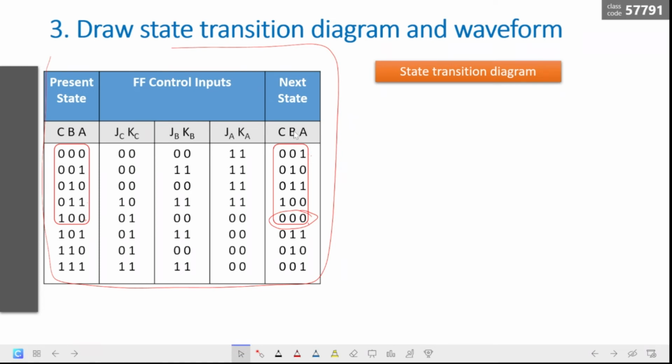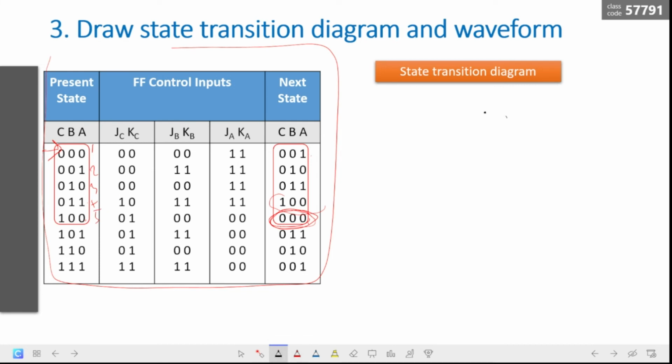So when the counter goes back to the first condition, that means this counter counts up to only 100, and then it will reset. So how many states do we have? 1, 2, 3, 4, 5. So we have 5 states.